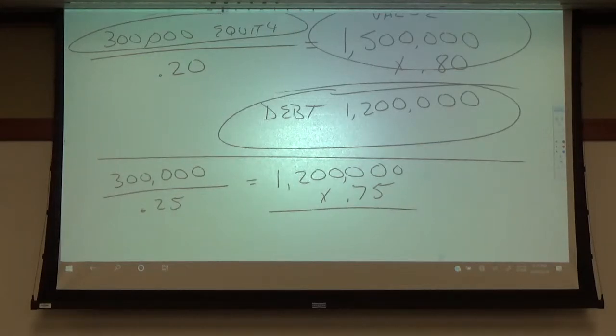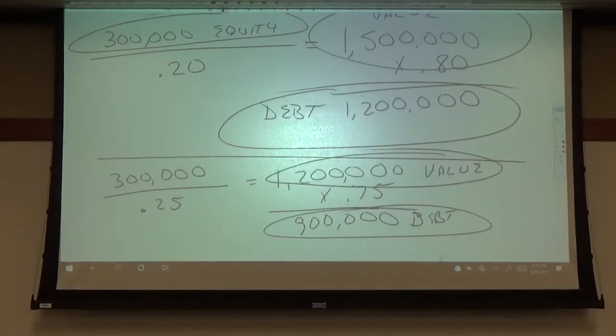Because if you're putting up 25%, then the remaining 75% would be what you could borrow. So that means 900,000 would now be the debt. The value would be 1.2 million, and the equity is still 300,000.